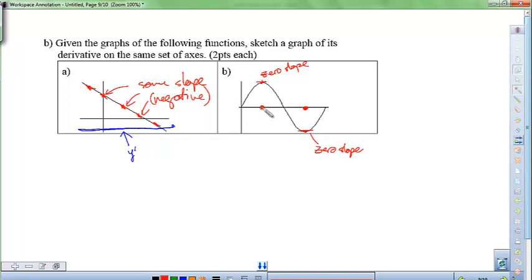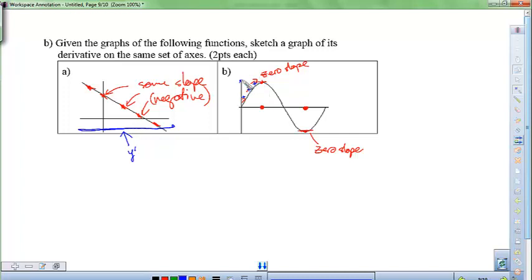So I know my derivative will be passing through these points. Now before this point over here, my graph is increasing. It starts off kind of steep here, and then it gets less and less steep and goes down to 0. When the graph is increasing, that means these are all positive values.